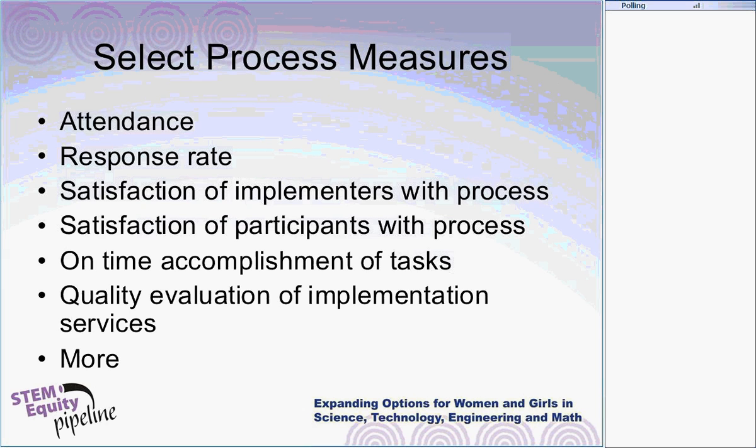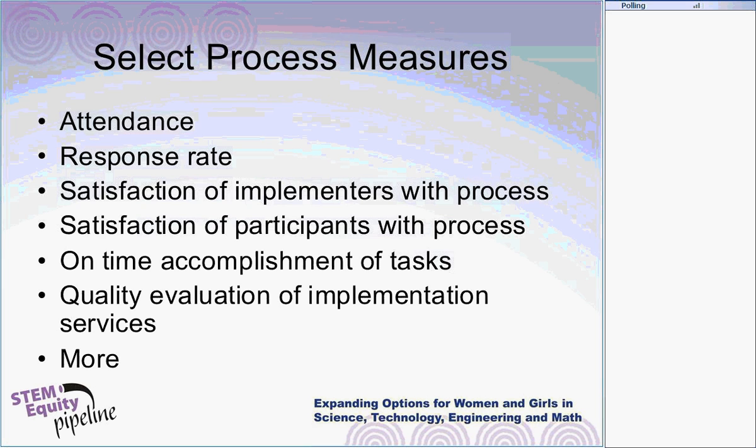Or, and how many of us evaluate the location of the event or the food that we had or whether or not the room was hot or cold enough? And sometimes I laugh when I think about that because I know I've done that too. But it's really not an evaluation question that is relevant to the efficacy of the event, of course, unless it's a distracting piece.